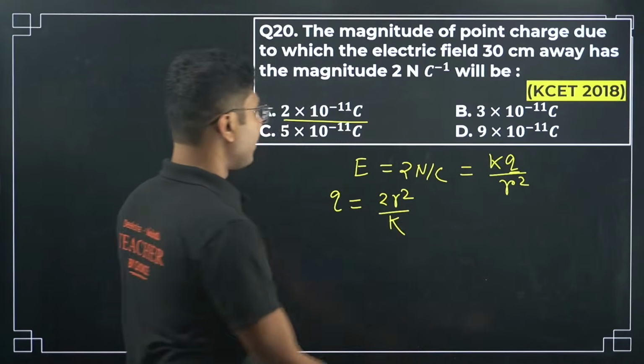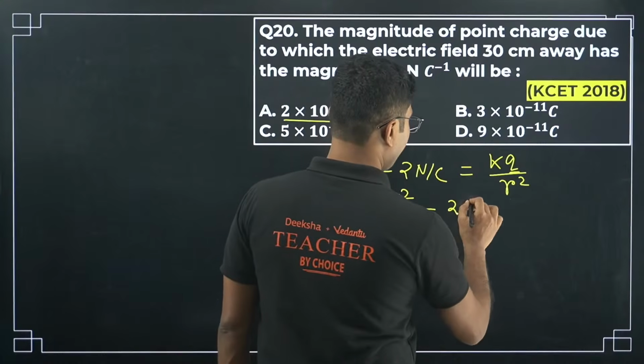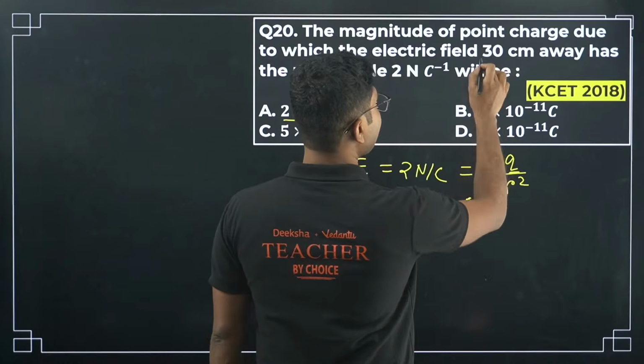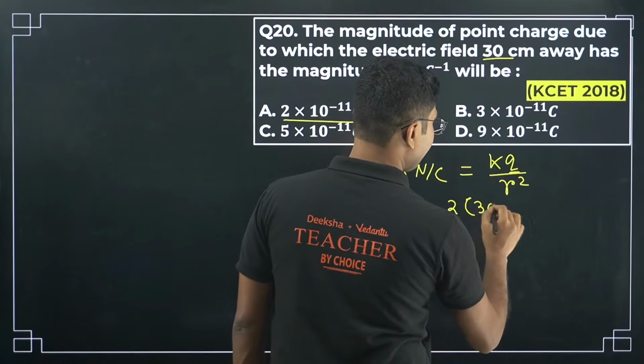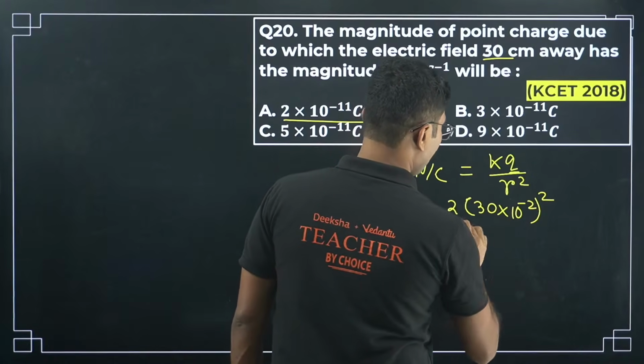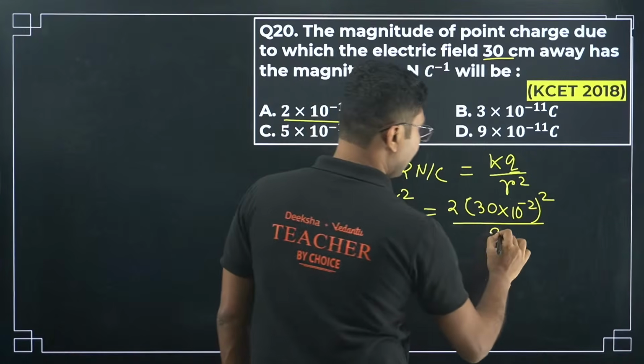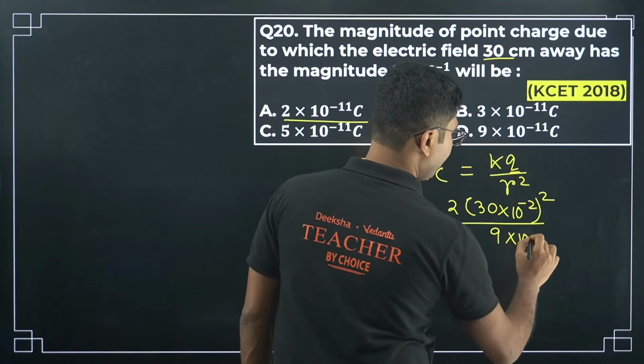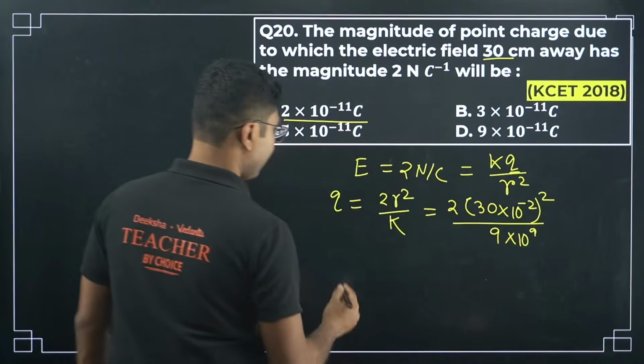Okay, now we have to put the values. 2 into R, which is 30 centimeters. As I said, whenever you see centimeter, you have to apply 10 to the power of minus 2, whole square, divided by K. K is 9 into 10 to the power of 9. Now we have to simplify.